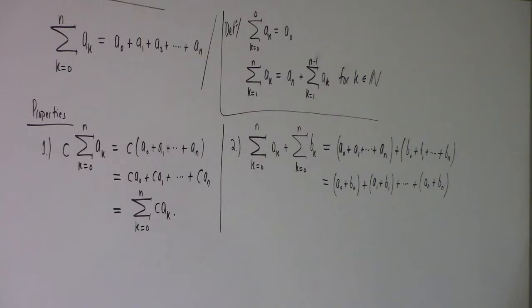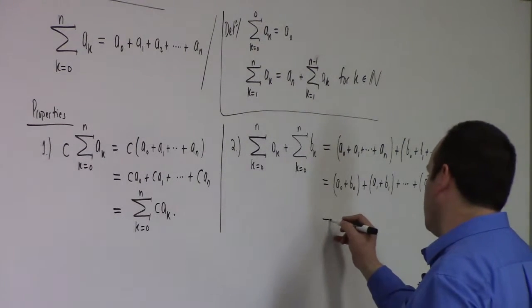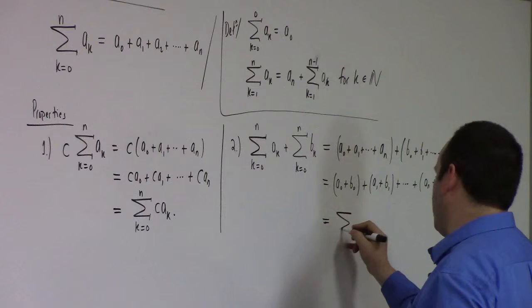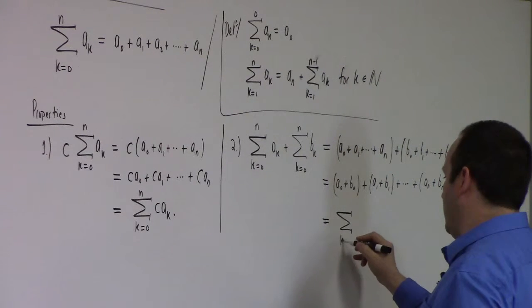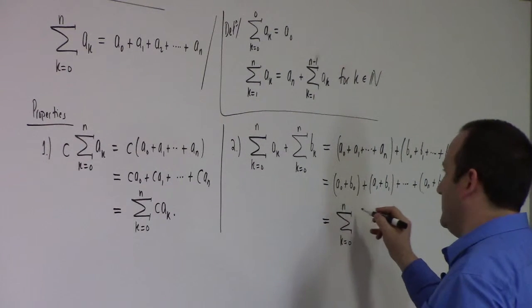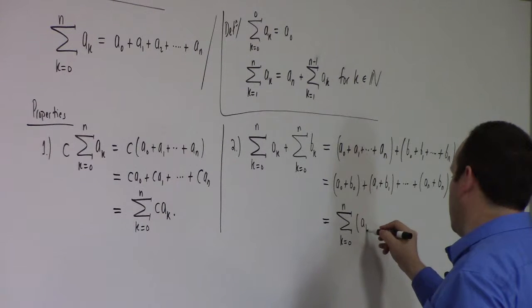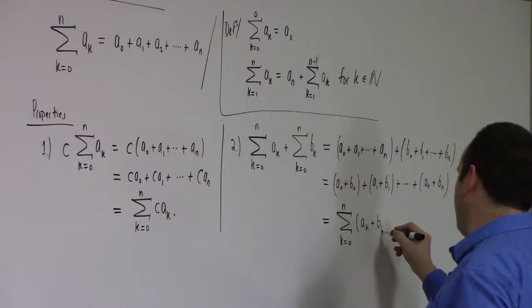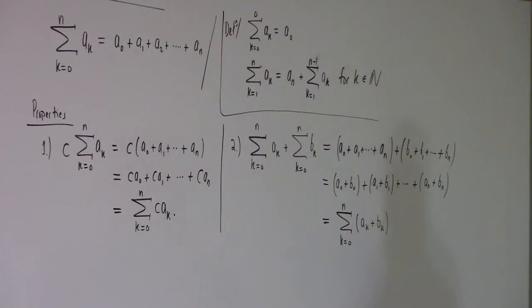I mean, real number addition is commutative and associative, and I'm using those facts rather freely here. And then, of course, you can rewrite this as the sum k equals 0 to n of parentheses a sub k plus b sub k. Some people don't insist on putting the parentheses there, but I just like them to be there.